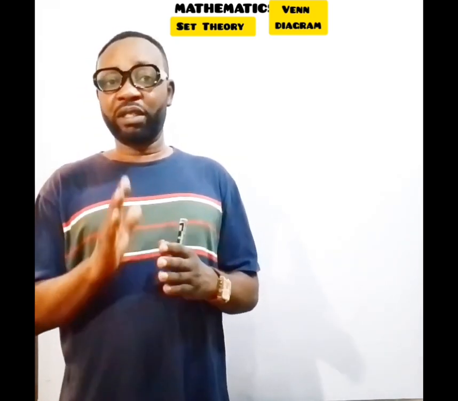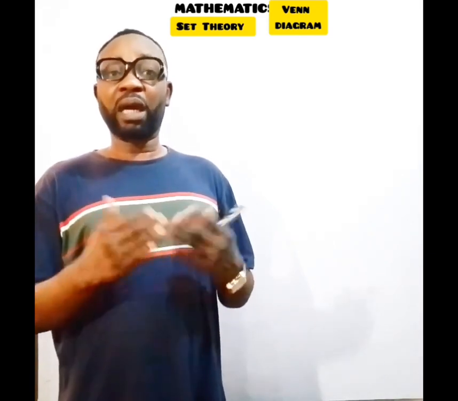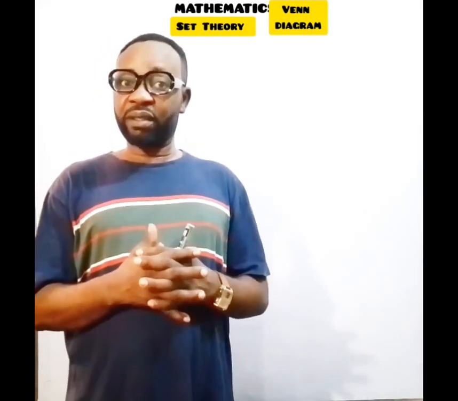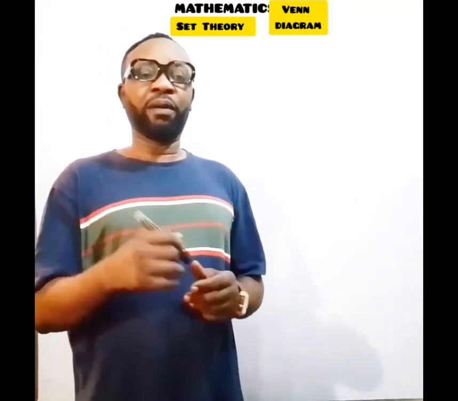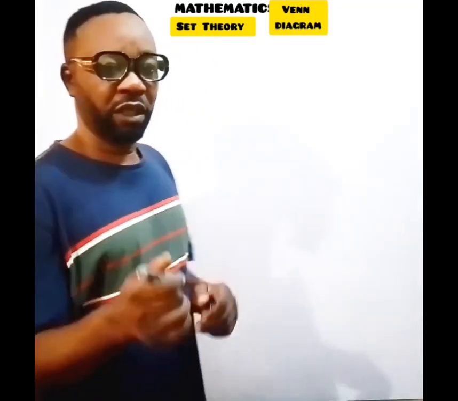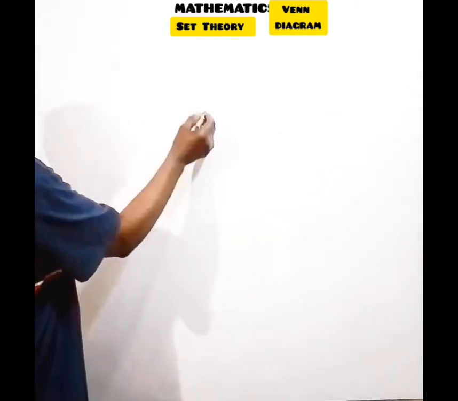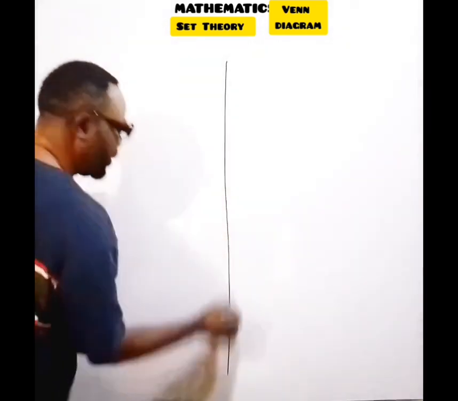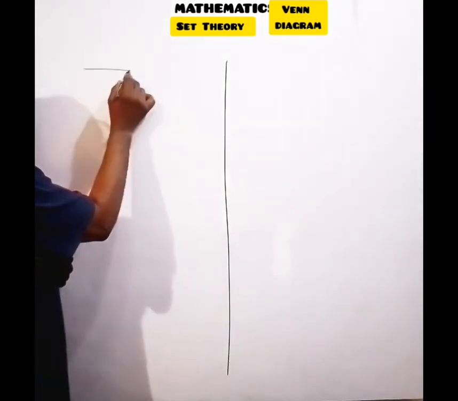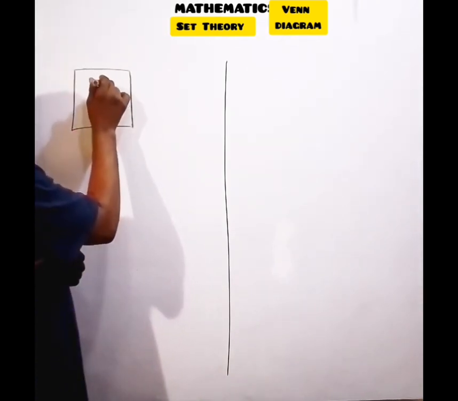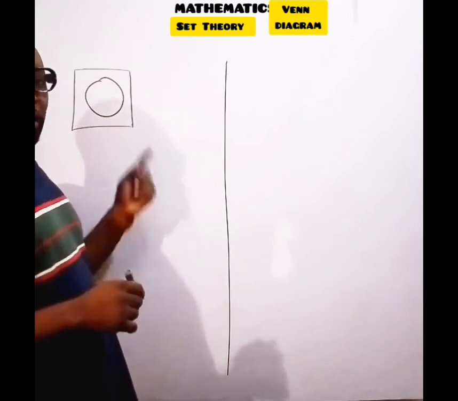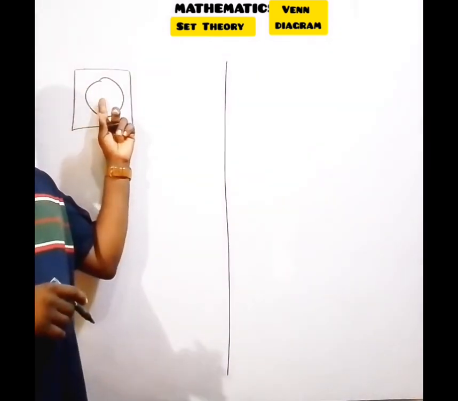So let's now look at different forms of diagram that can come up in Venn diagrams and the meaning of those diagrams. I'm going to start with this diagram we have here. If I have a diagram of this nature and I have this within, this is a set on its own.